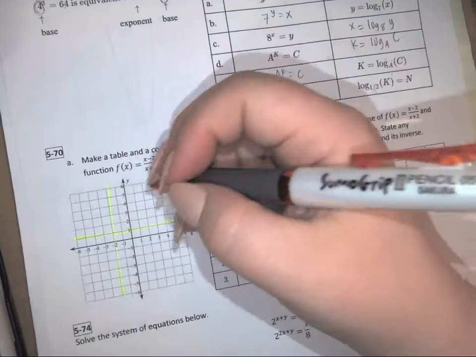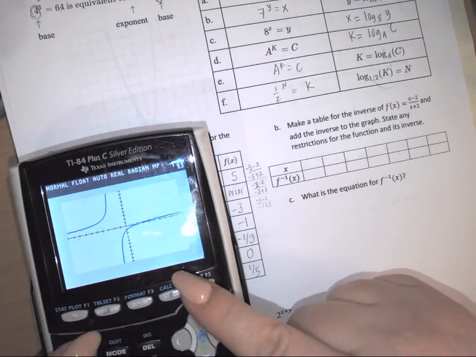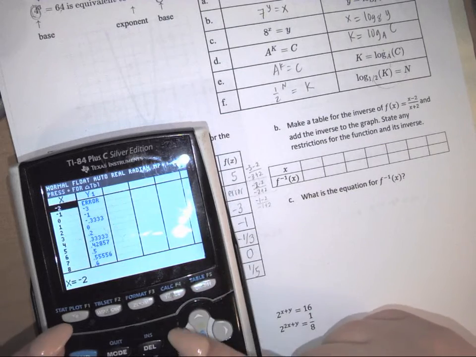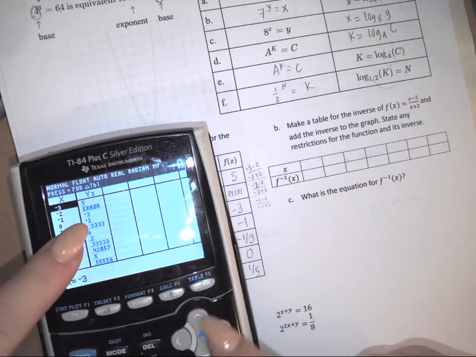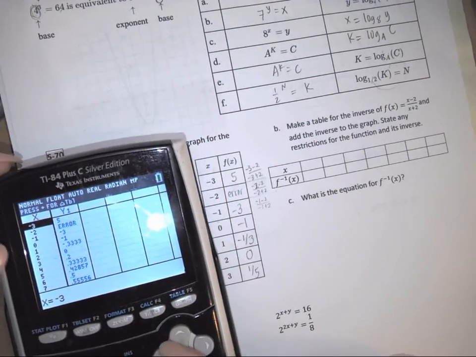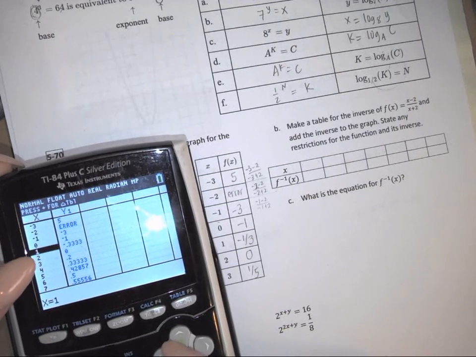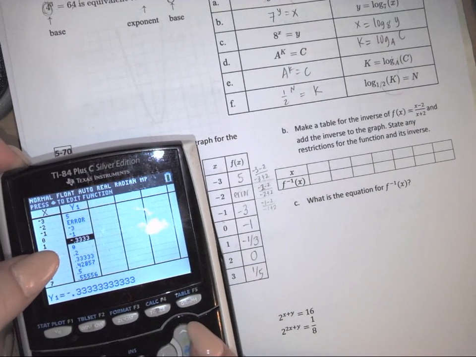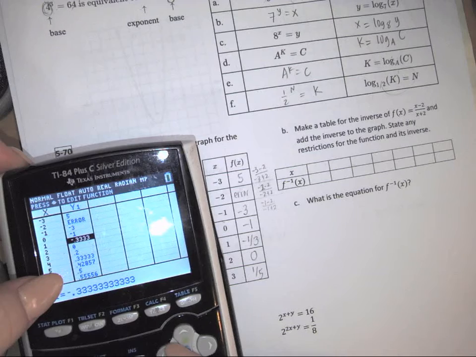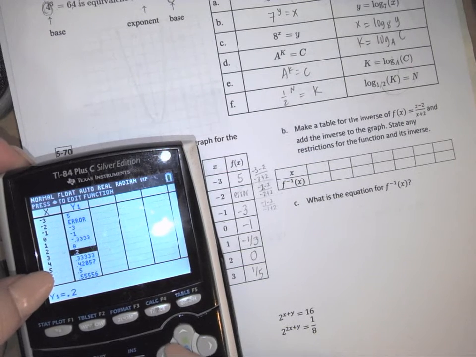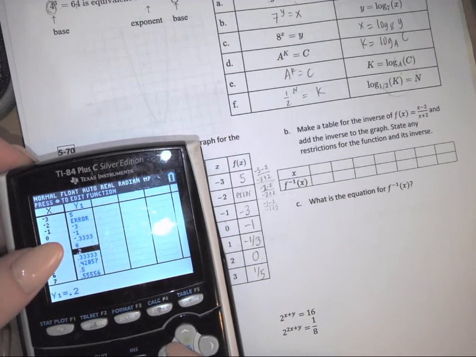And then you just plot the points, and you can check your table that I did it correctly. So negative 3, 5, that's right. Negative 1/3 is the same thing as negative 0.3 repeating. 0, and then 1/5 is the same as 0.2.